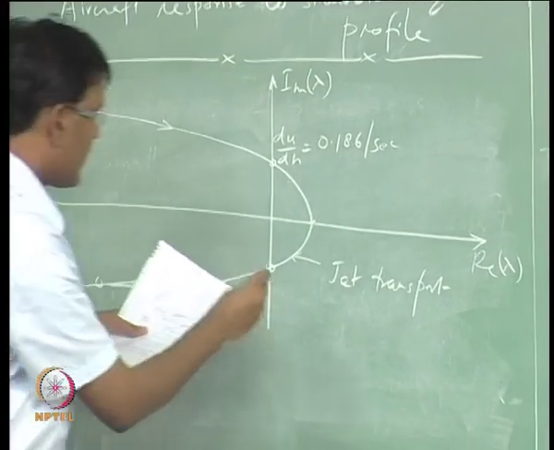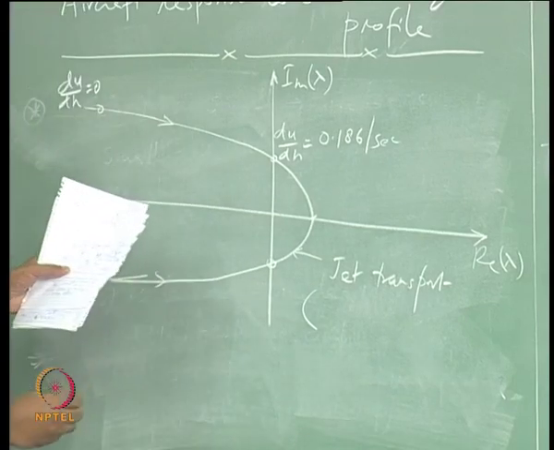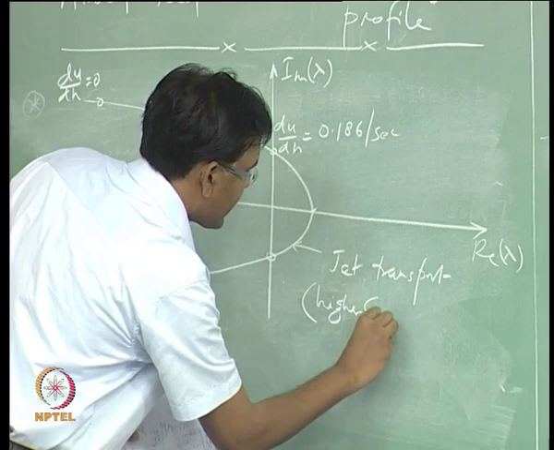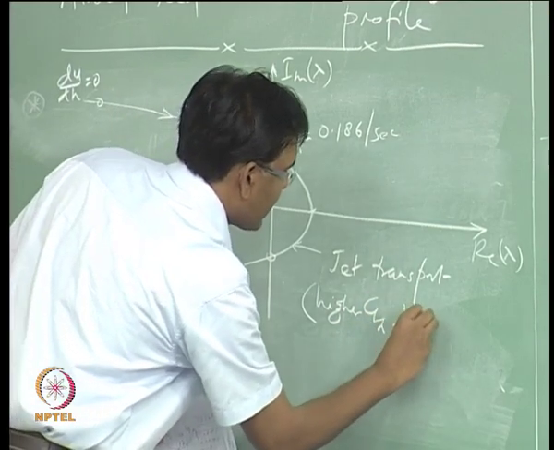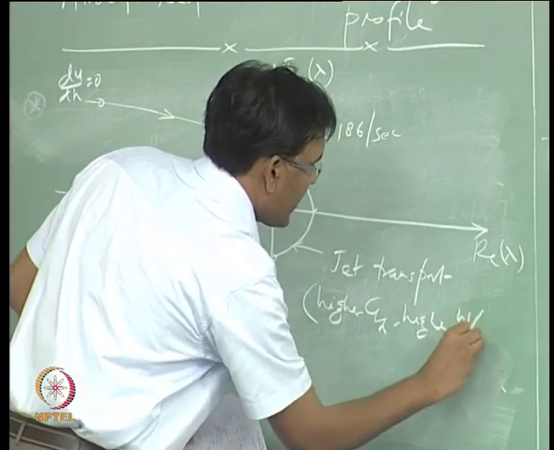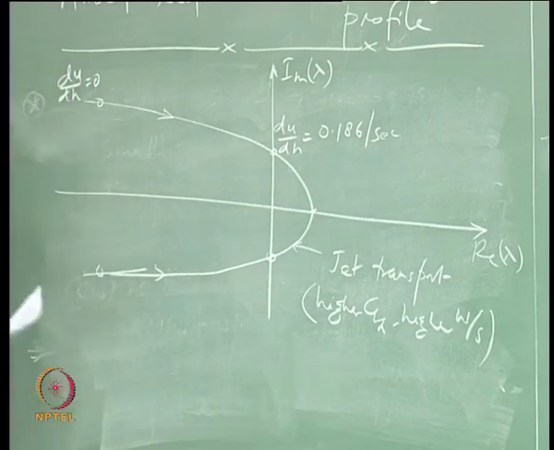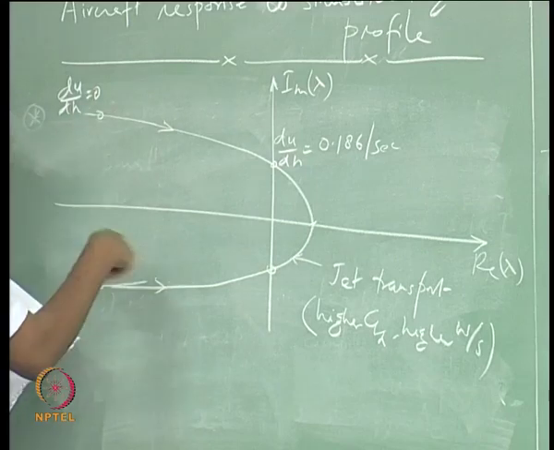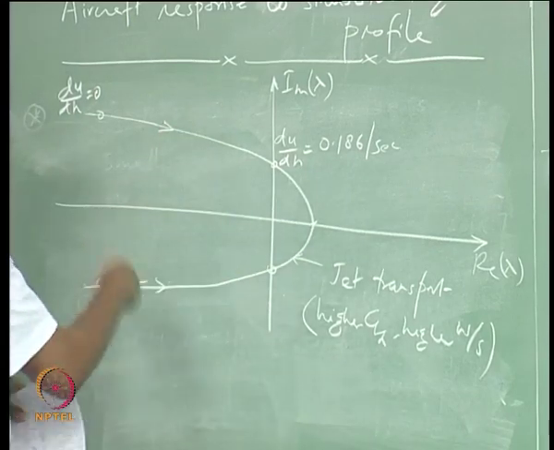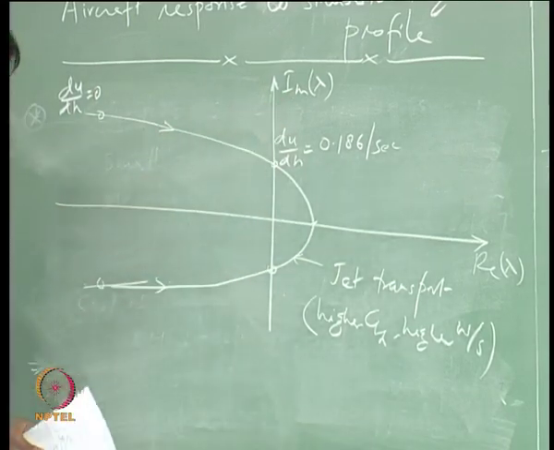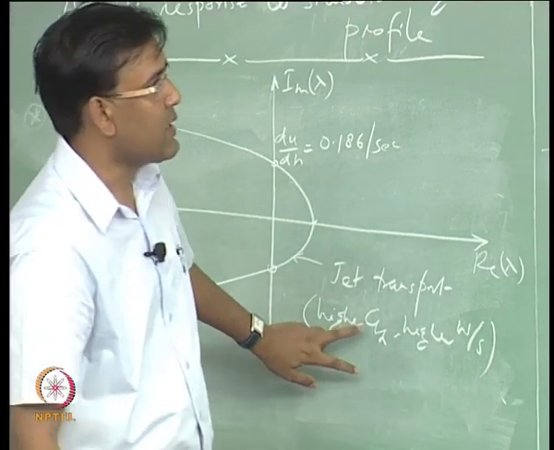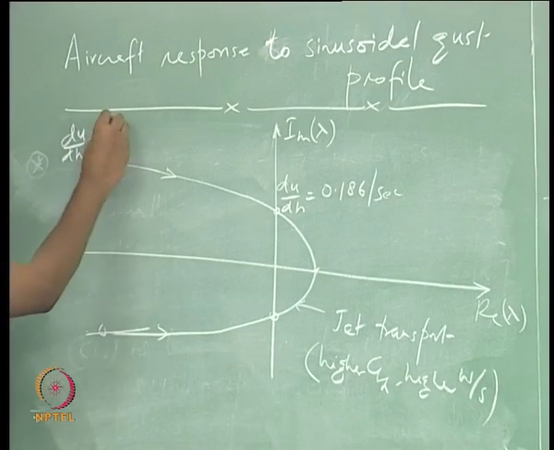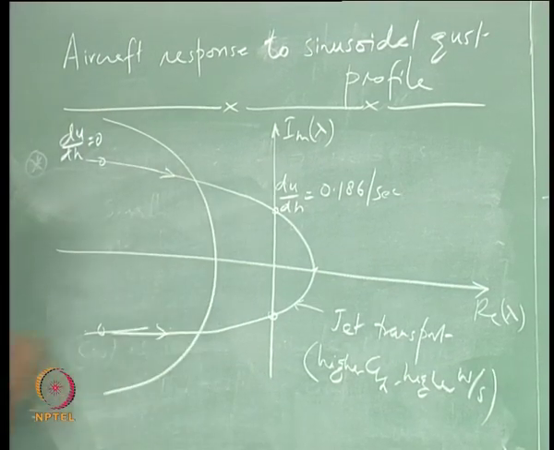So this is for the aircraft which has higher CL alpha and higher wing loading, right. For aircraft A, which has lower CL alpha and also lower wing loading, the profile looks something like this.